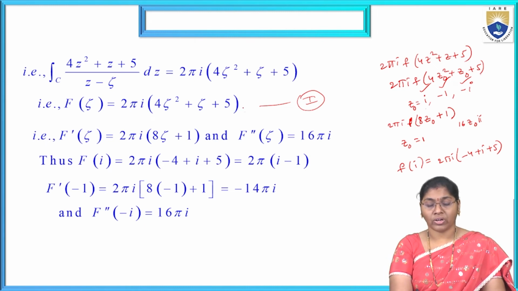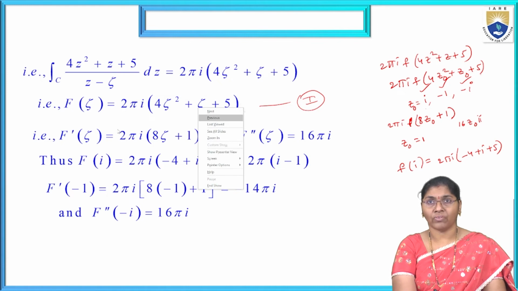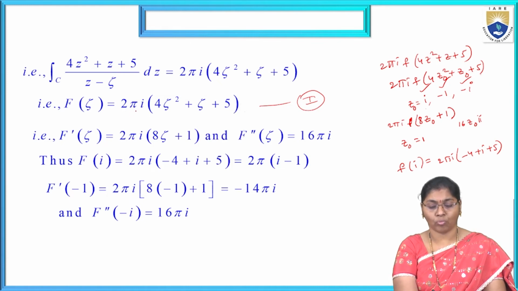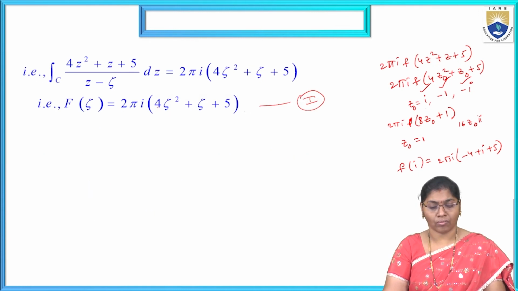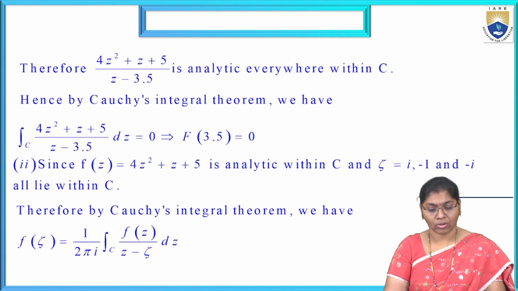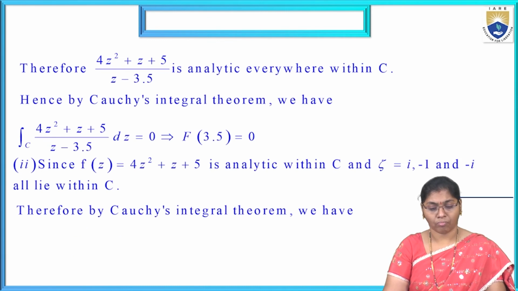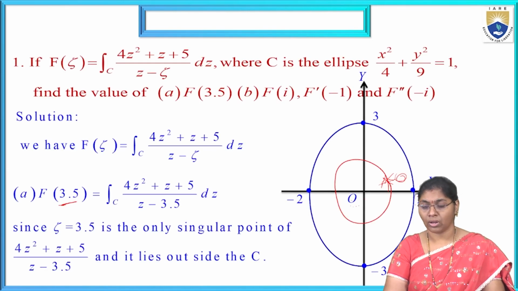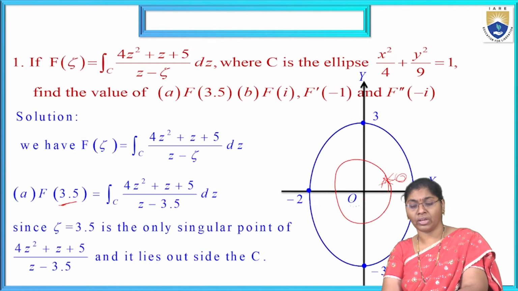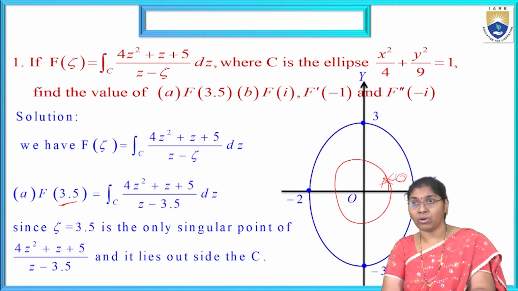Here this is the given function f of z. Now differentiating, f dash of z is 2πi as it is. The given values are f of i, f dash of −1, and f double dash of −i.